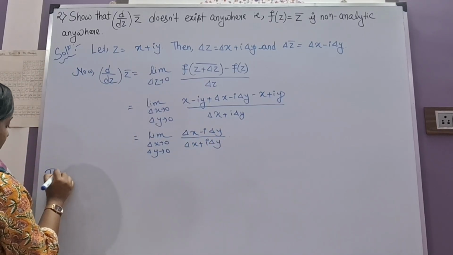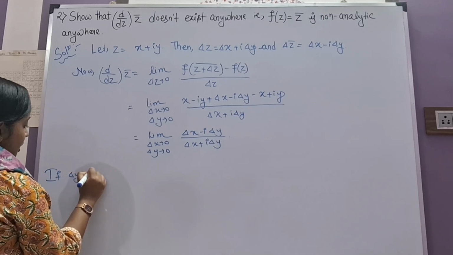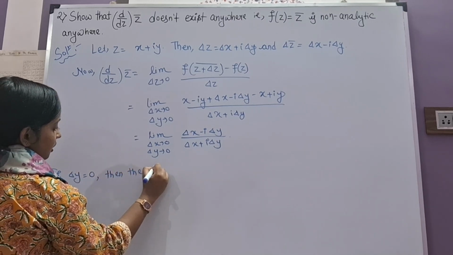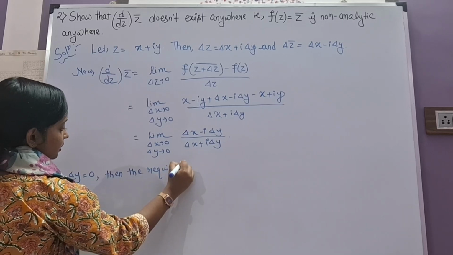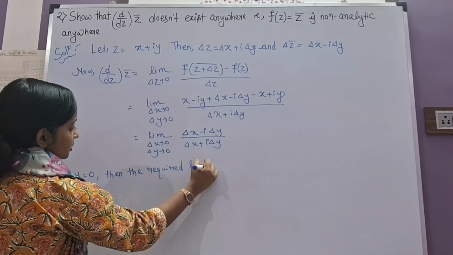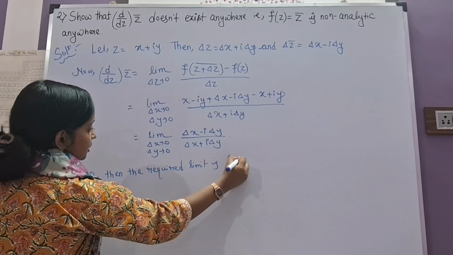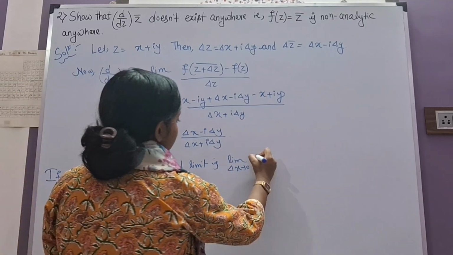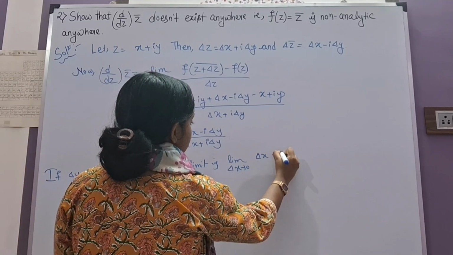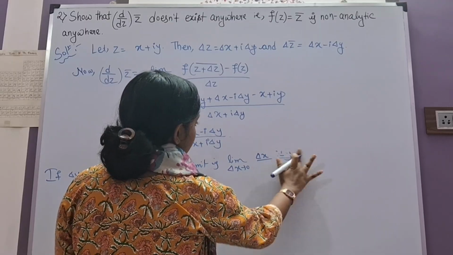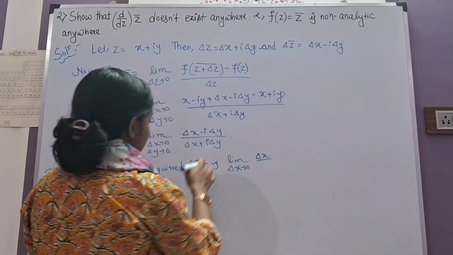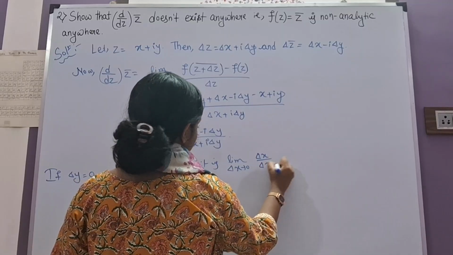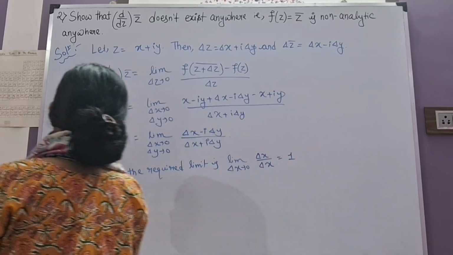Now if delta y equal to 0, then the required limit is limit delta x tending to 0, delta x by delta x, equal to 1.